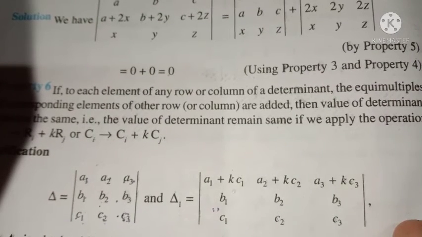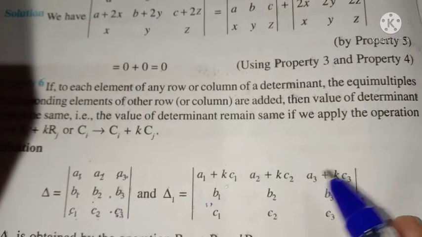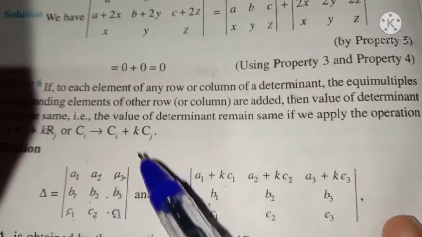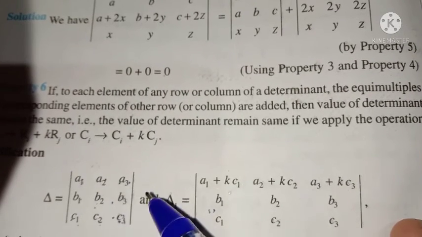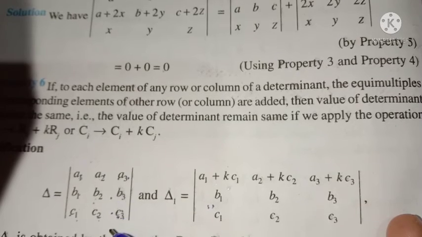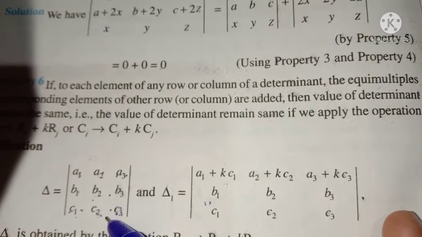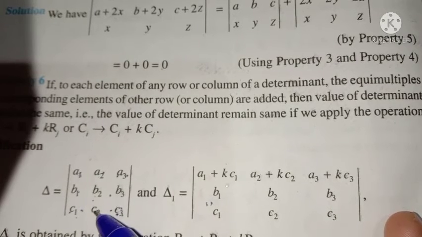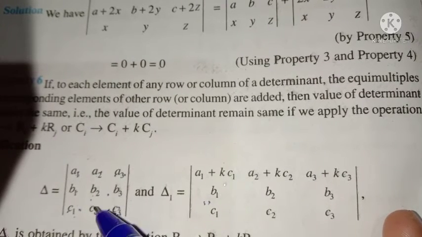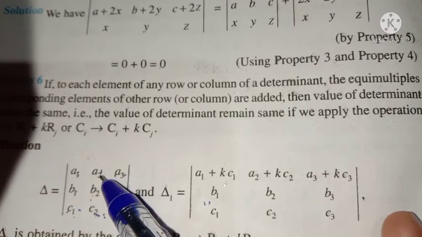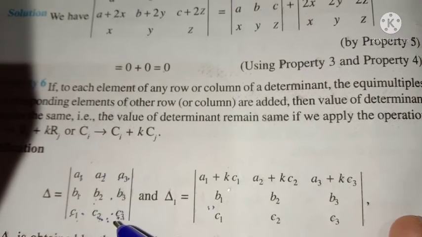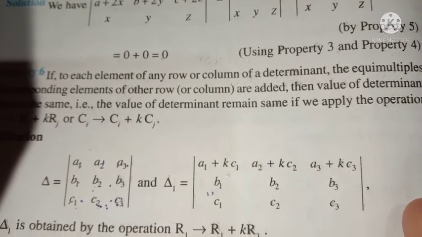The value of the determinant remains the same if we apply the operation Ri gives Ri plus KRj. That is, if we multiply any row or column with a constant, then add the new row or column to another row or column, we can see that the value of the determinant remains the same.